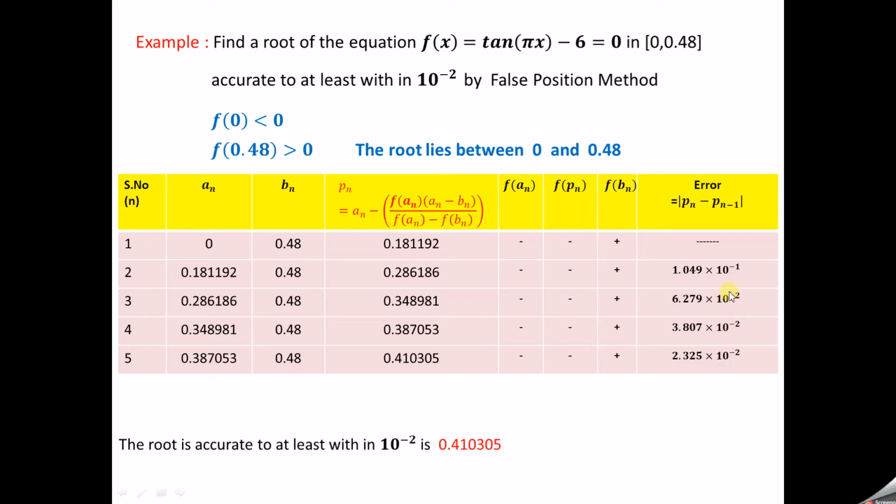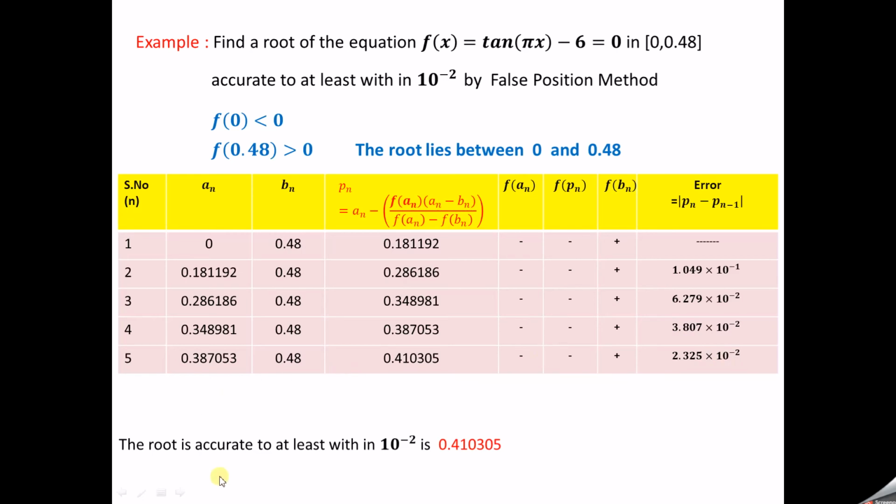So finally we are getting 2.325 times 10 power minus 2. That means the error is decreasing. Here you can observe the error is decreasing: 10 power minus 1, 10 power minus 2 with 6.2, 10 power minus 2 with 3.8, and further decreasing.